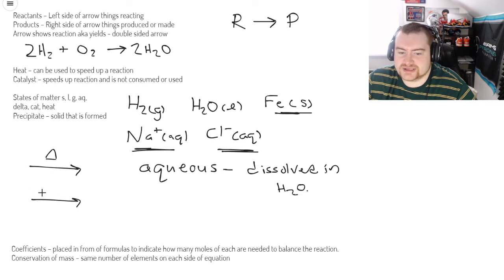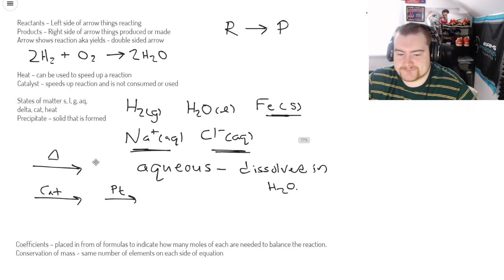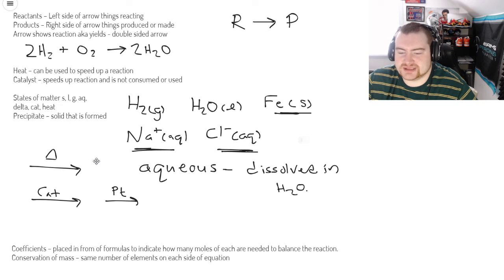If you want to show that any type of catalyst was used, you would just write the catalyst name above here. So if you have a platinum catalyst, I would just put PT on the top. Okay. And then again, when we have states of matter, you would just put those at the end. So solid, liquid, gas, and aqueous would go there. Okay, so that is the basics of what a reaction scheme looks like.